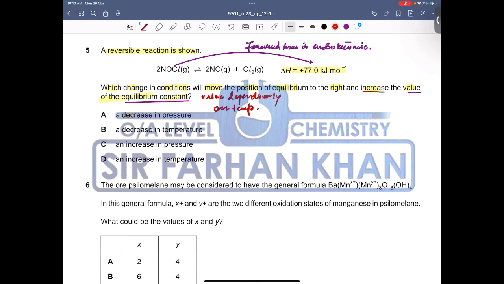And you want to increase the value of the equilibrium constant. For that, products need to be more as compared to reactants.